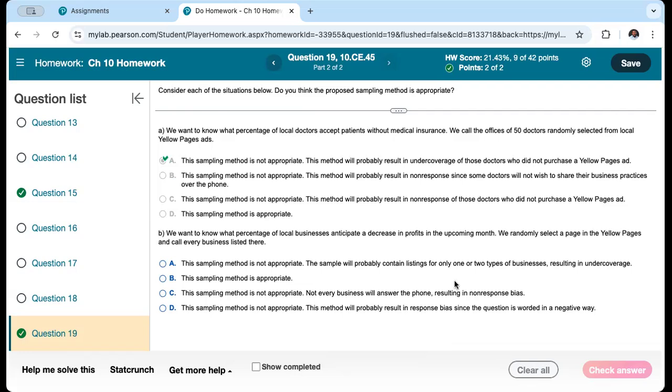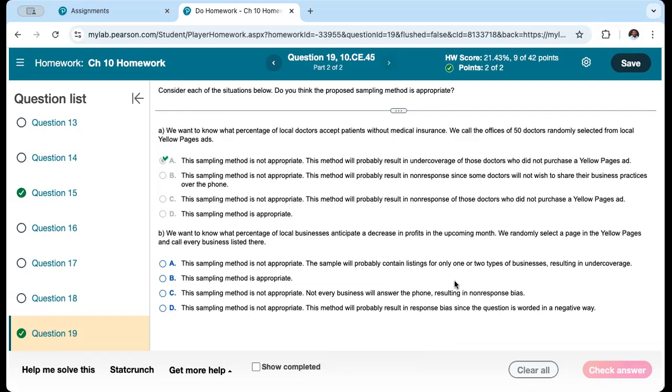And then A says the sampling method is not appropriate because it will contain listings for only one or two businesses, resulting in undercoverage. B says it's appropriate, and C says it's not appropriate. Not every business will answer the phone, resulting in non-response bias. And then D says that it's also not appropriate. The method will result in a response bias since the question is worded in a negative way.